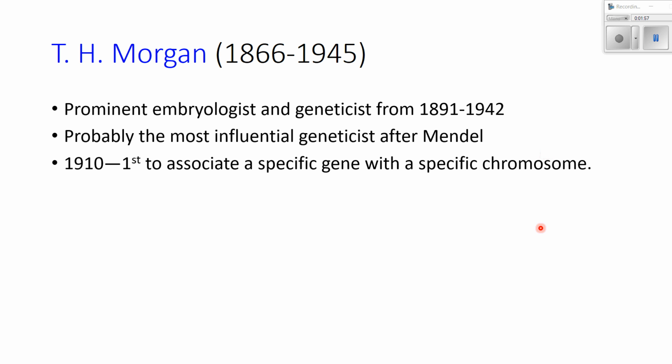And one of the things for which T.H. Morgan is famous is a discovery that he made in 1910 when he became the first scientist ever to be able to associate a specific gene with a specific chromosome.